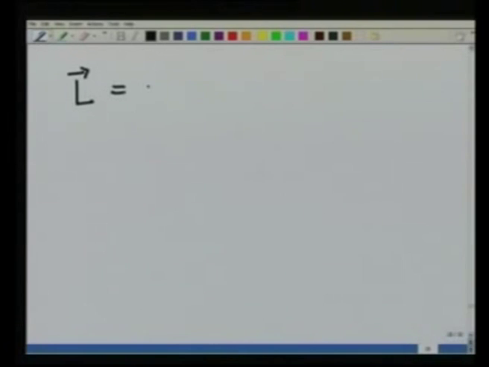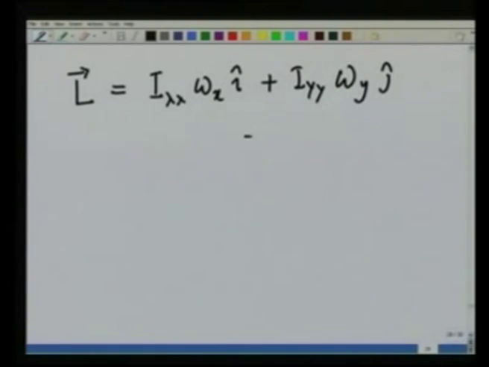So, therefore, I can write by taking components along the principal set of axes Ixx omega x in the i direction, Iyy omega y in the j direction, plus Izz omega z in the k direction.